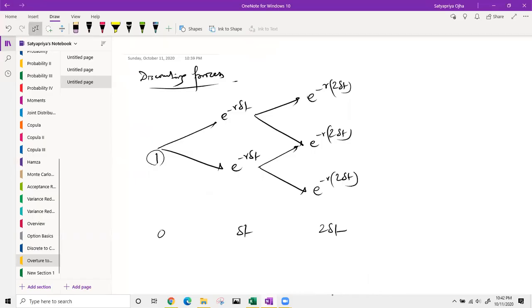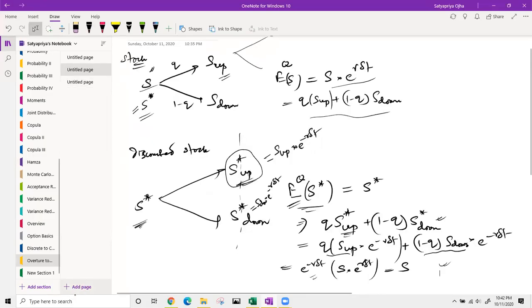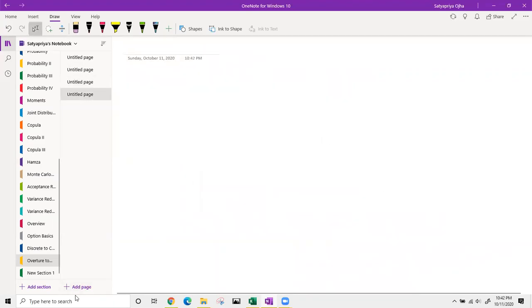Now, important thing, if the discounted stock price process is not growing at all, that means the expected value of the discounted stock price in future is going to be the same as the discounted stock price today. No growth means what? So we found this result.